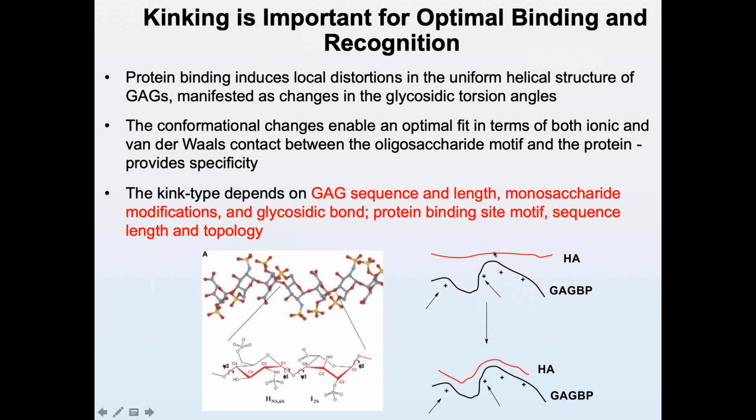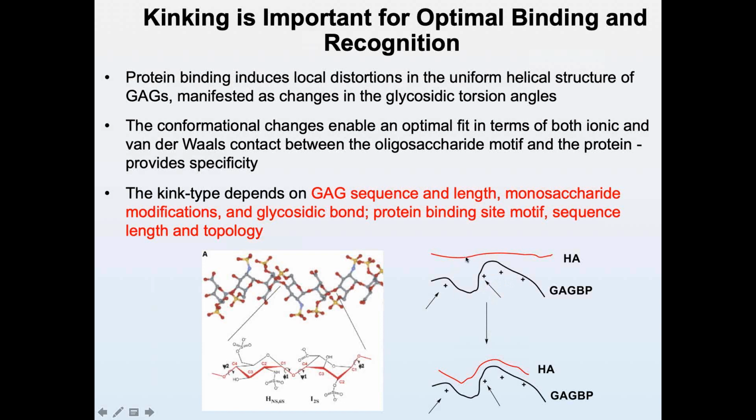What the GAG has to do is fill this shallow cavity and also register with these positive charges, the basic residues. So you have your sulfate or your carboxylate, and it needs to register with these basic residues. How does it do that?